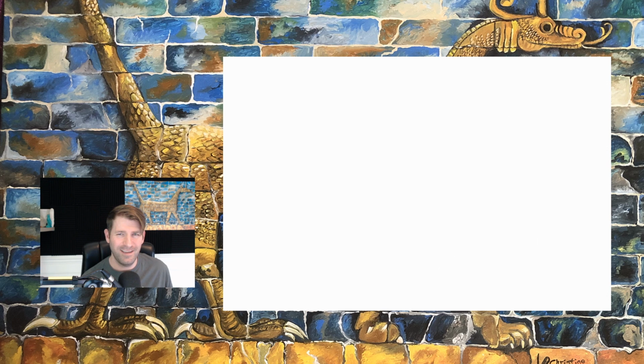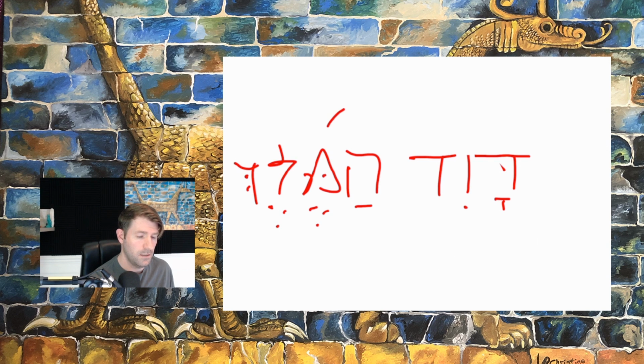Okay, so the verbless clause. If I were to say David Hamelech, I should just use his examples instead of trying to think about it. So David Hamelech, David the king. This is a verbless clause.